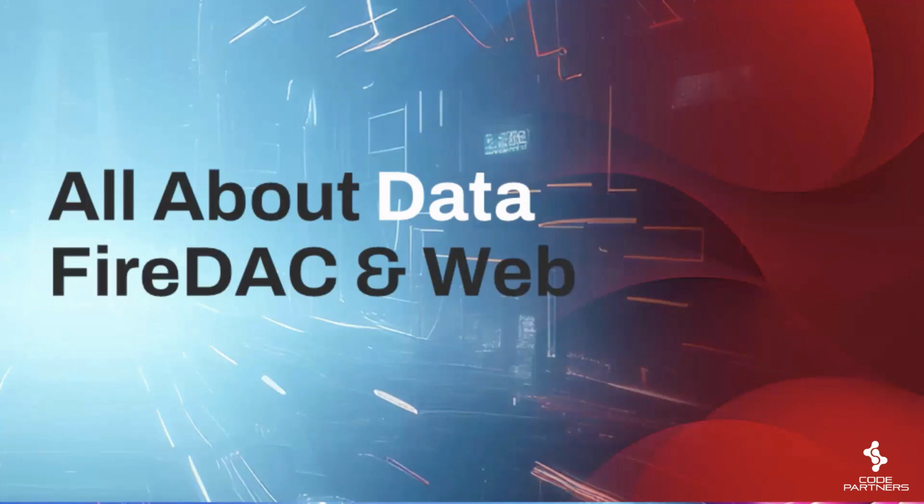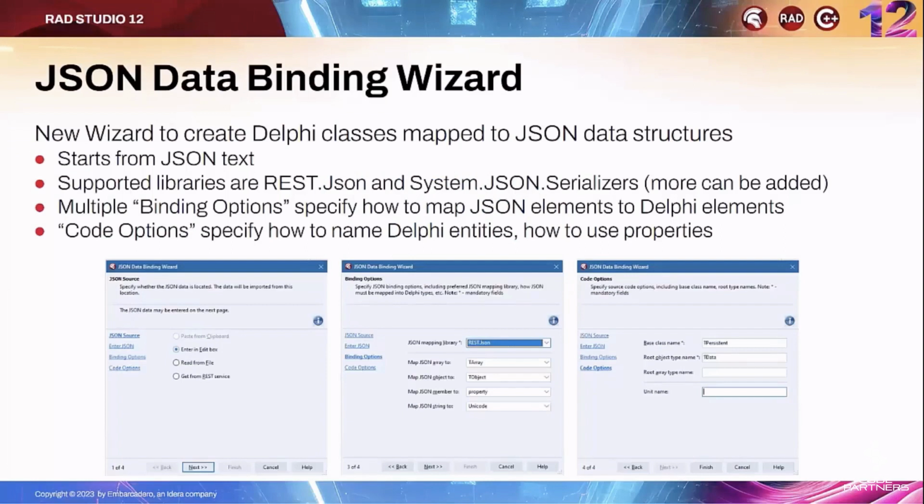Let me move now to data, including FireDAC, web technologies, and so forth. First, we have created a new JSON data binding wizard for Delphi. This is specifically for Delphi. The idea is that rather than mapping JSON to TJSONValue, TJSONObject, TJSONArray, and so forth, you want to improve your code by mapping JSON data structure to actual classes in your application.